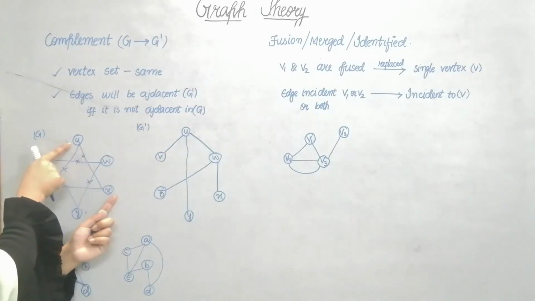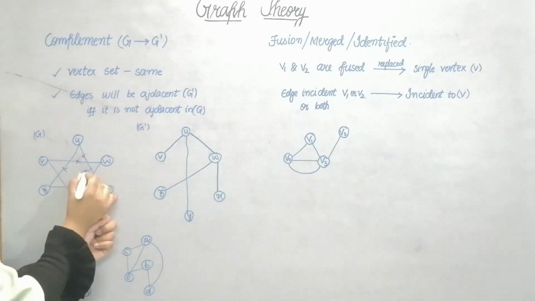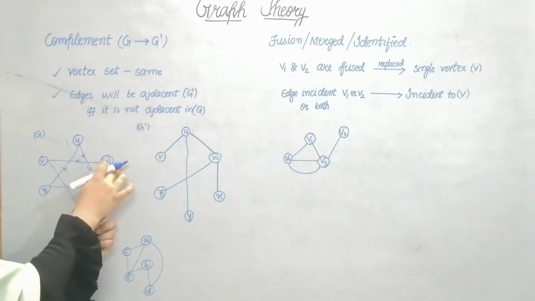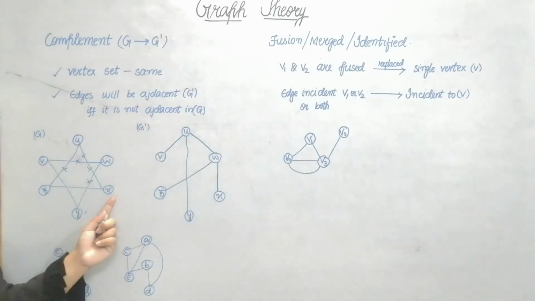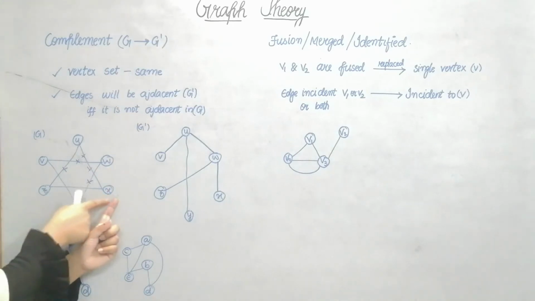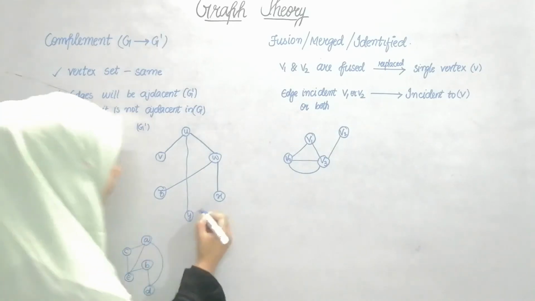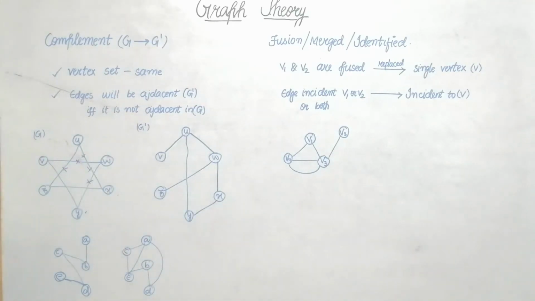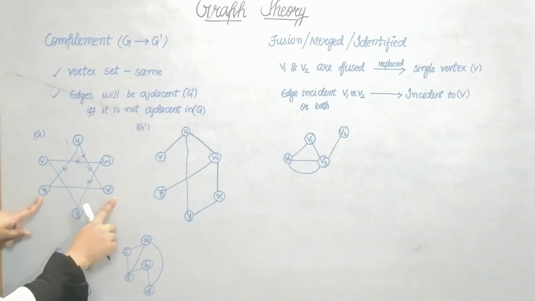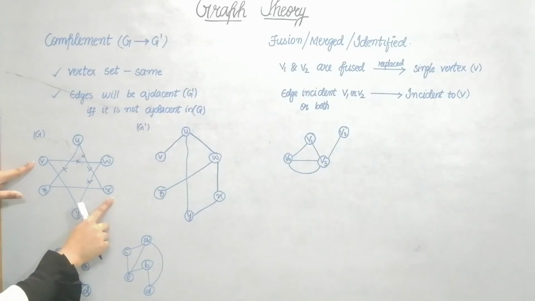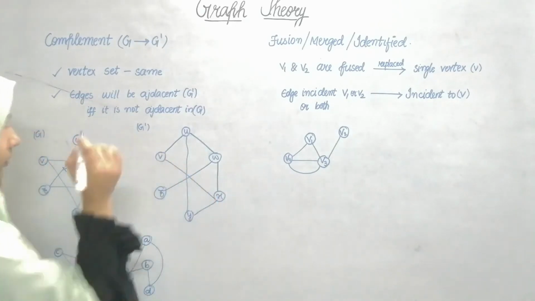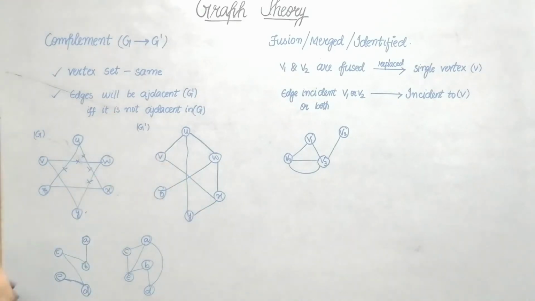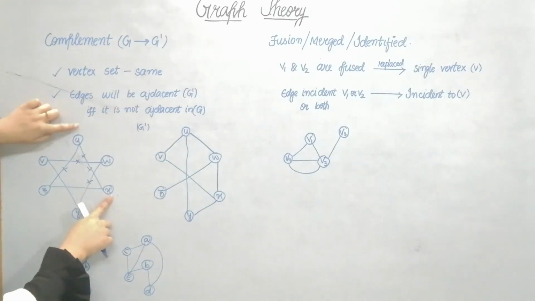Is X adjacent to U? Yes, it is adjacent. So we are not going to take this. Now, is it adjacent to W? No. So we are going to include it, which is already there. Next comes Y. Is it adjacent here? No. So we are going to include this. Okay? The next, X adjacent to Z? Yes. So we are not going to take it. Is it adjacent to Y? No. There is no connection here. So we are going to form one. Okay? X and Y. Next comes X and U. Okay, done.